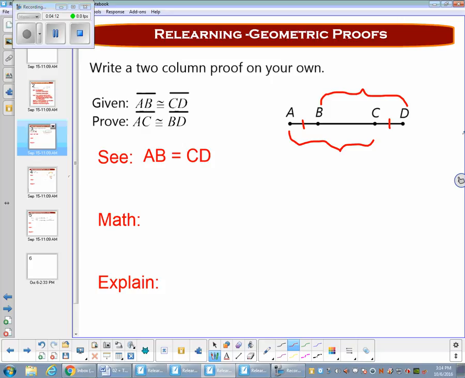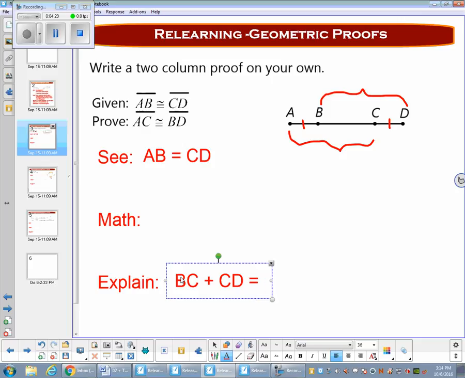Well, do we know that's true? It makes sense because BC plus CD is BD. Maybe this is even in the explain, but BC plus CD is equal to that big thing BD.